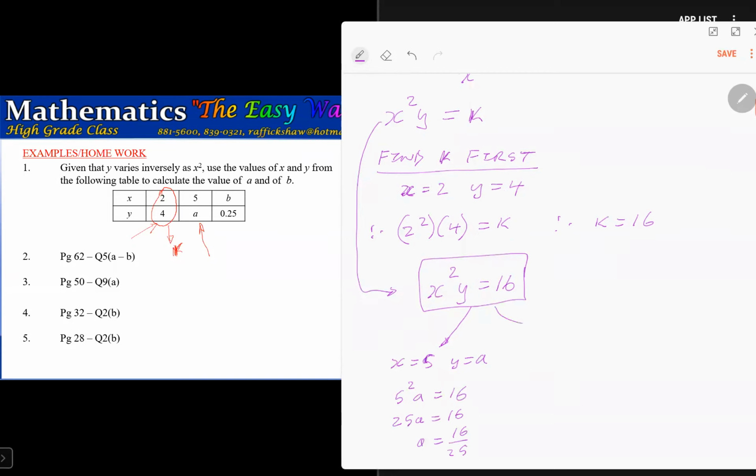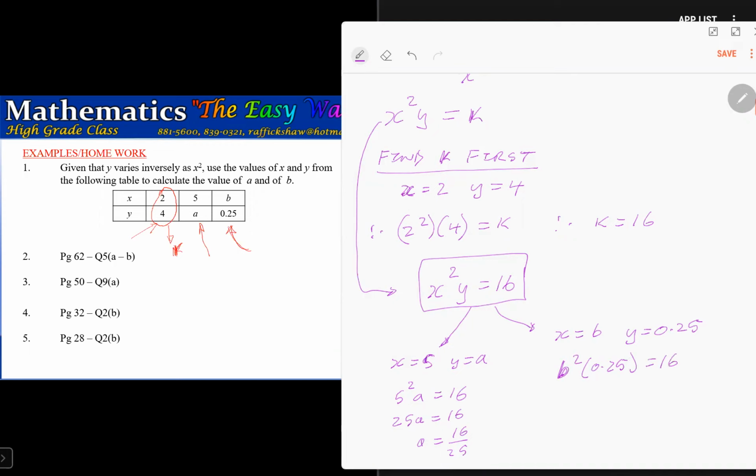And in the other case, using this one right there, put them in the formula again. It says when x equals b, y equals 0.25 or a quarter. Put the two of them in the formula. It means that b squared times 0.25 is equal to 16.